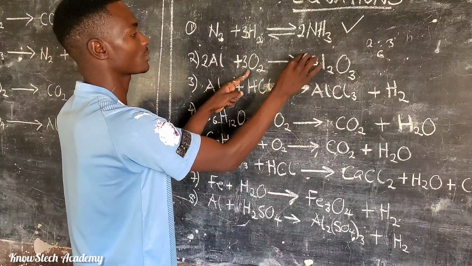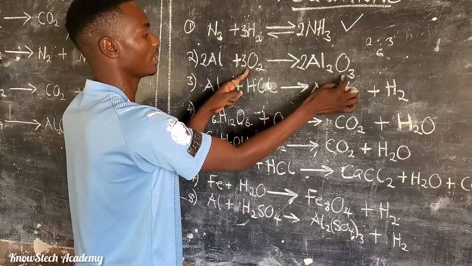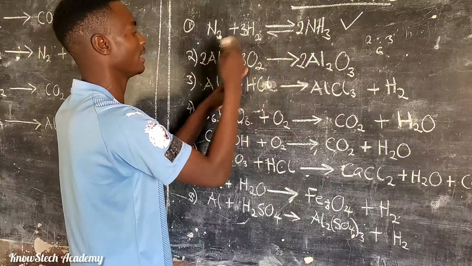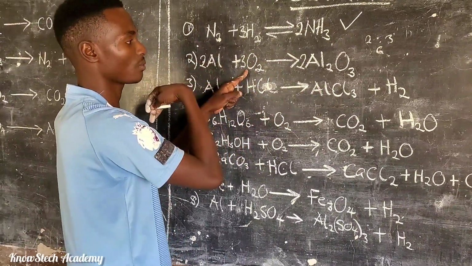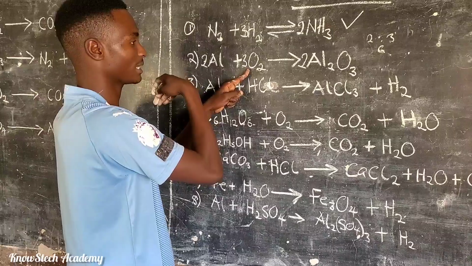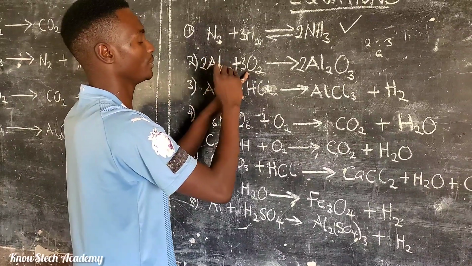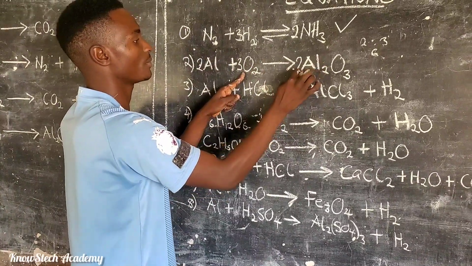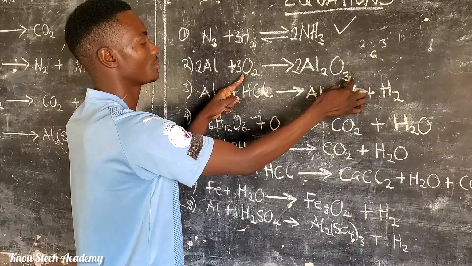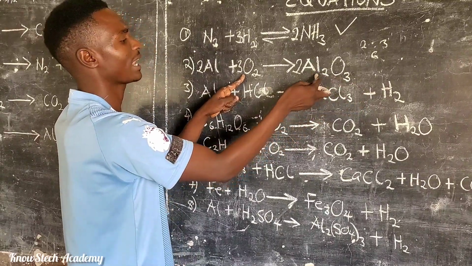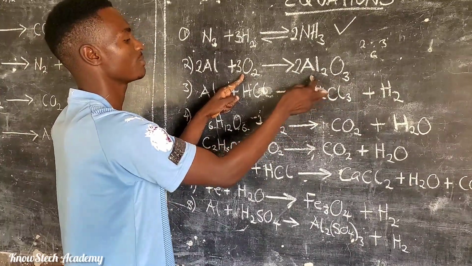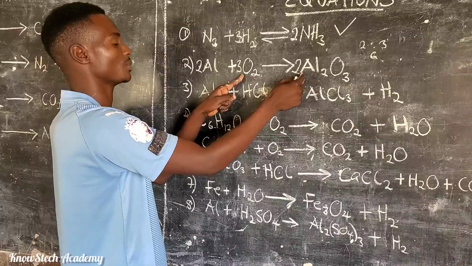Then here we can introduce 2 in front of aluminum oxide. Never mind that the number of atoms of aluminum was balanced earlier. This times 3 is 6, but the number of aluminum has been affected because of this 2.